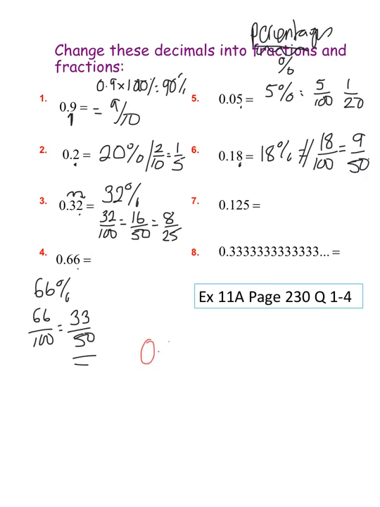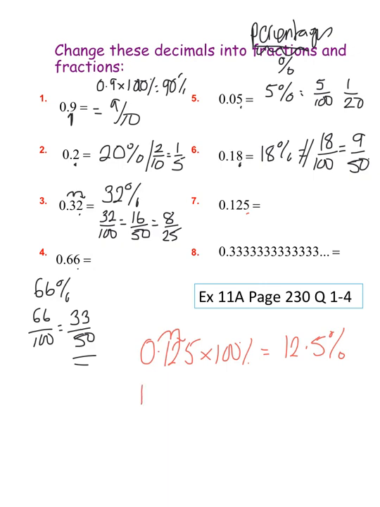So 0.125, to change that into a percentage, I just multiply it by 100. So that'll give me 12.5%. And to change that into a fraction, I look at the position of the last digit in the decimal, and that's in the thousandths.